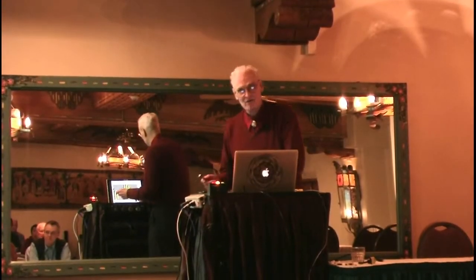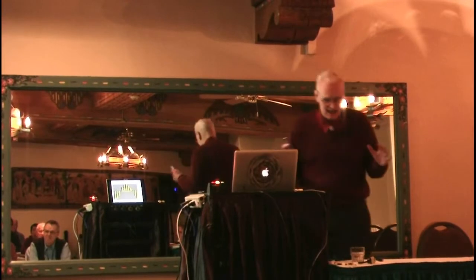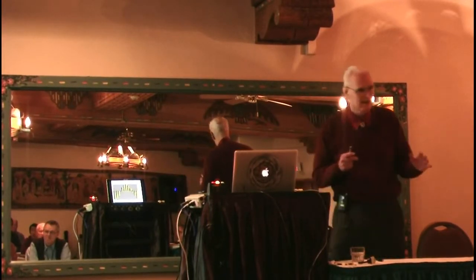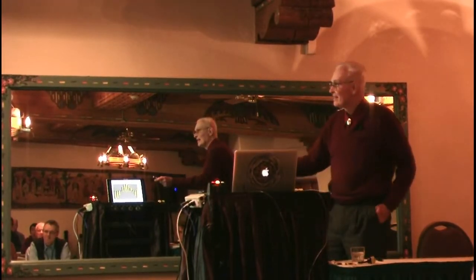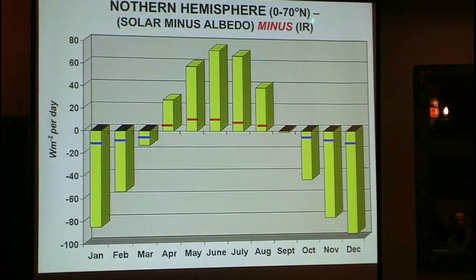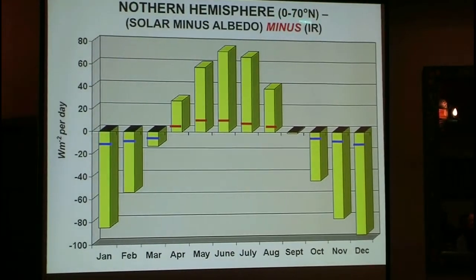Now, I want to show you how the lack of sensitivity of the globe is. Take the northern hemisphere, the whole thing. We've had the SCAT data up to 74. Here's the imbalance.